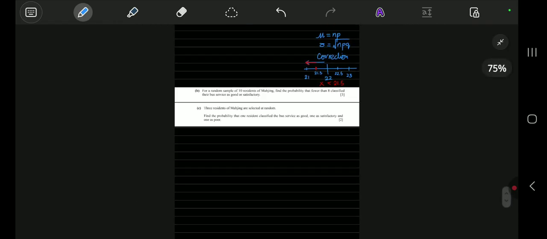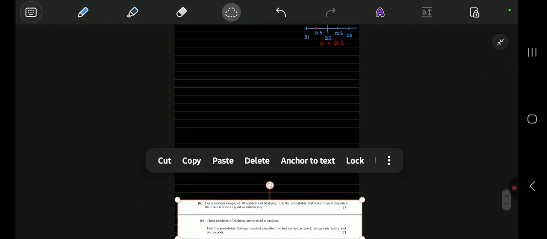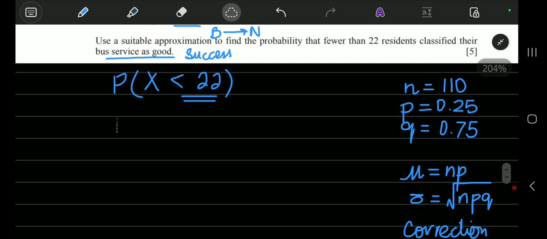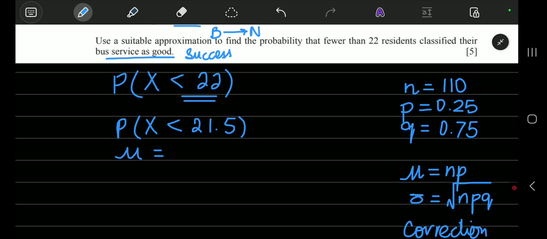Now just look into the working. We need to find the probability of x is less than 21.5. And what will be your mu for it? Mu will be np, and n is 110 times 0.25, so that will be 27.5.